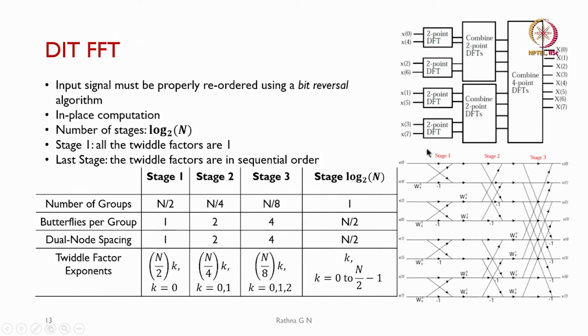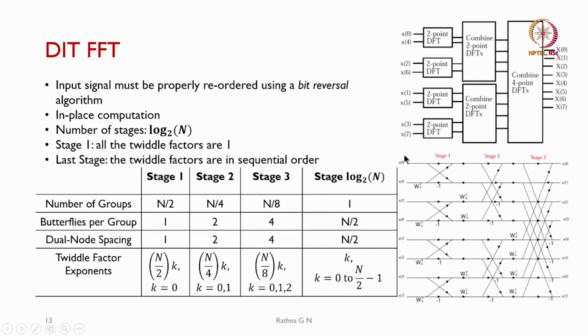So, when we represent n is equal to 8, as you can see, this is the first stage, this is the second stage, this is the third stage. Now, we can do in-place computation. What do I mean by in-place computation?